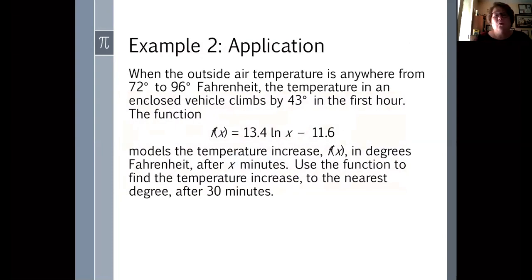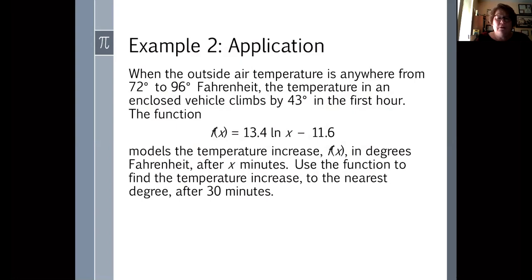All right, so when the outside air temperature is anywhere from 72 to 96 degrees Fahrenheit, the temperature in an enclosed vehicle climbs by 43 degrees in the first hour. The function f of x equals 13.4 times the natural log of x minus 11.6 models the temperature increase f of x in degrees Fahrenheit after x minutes.